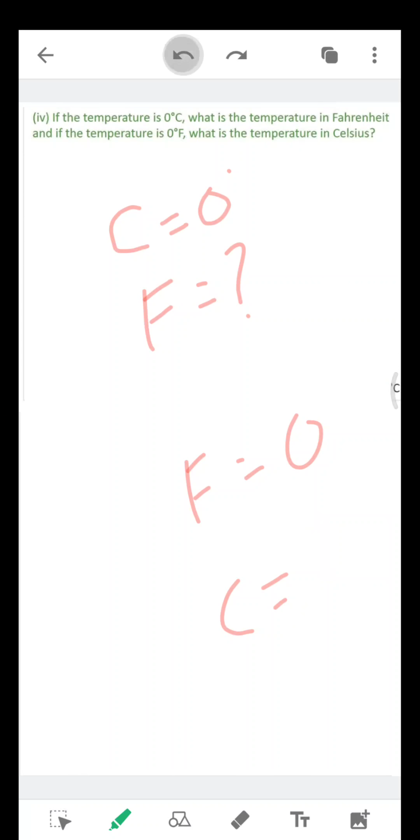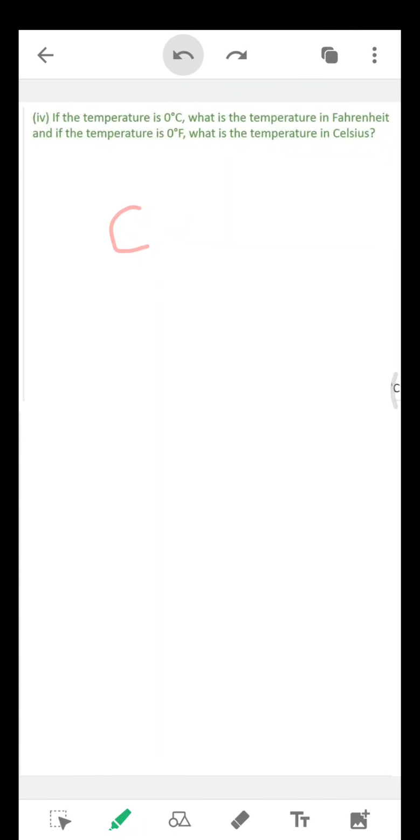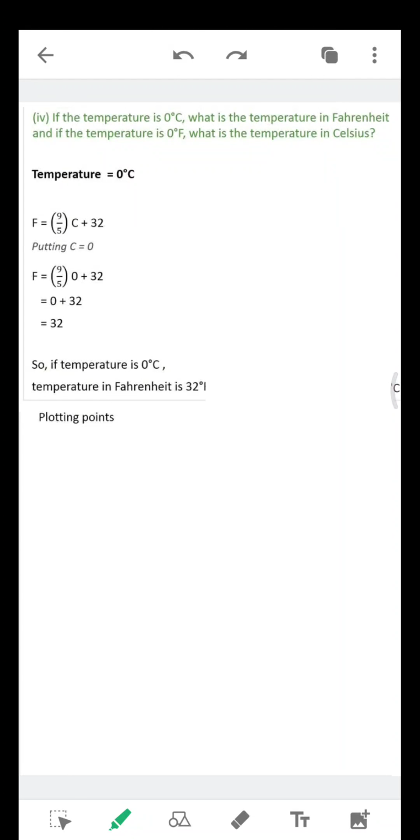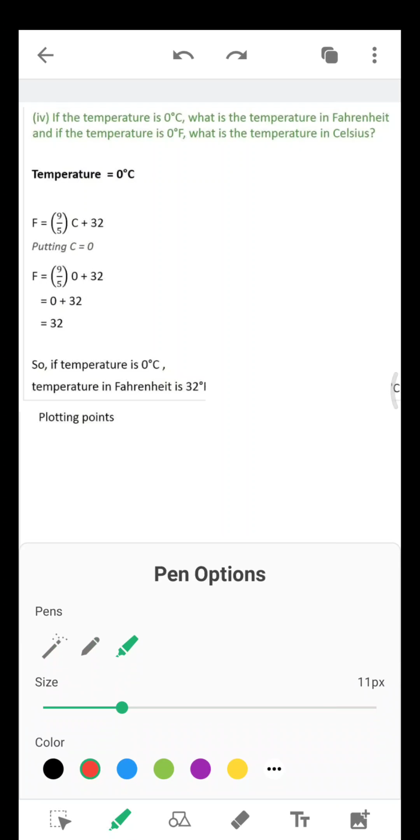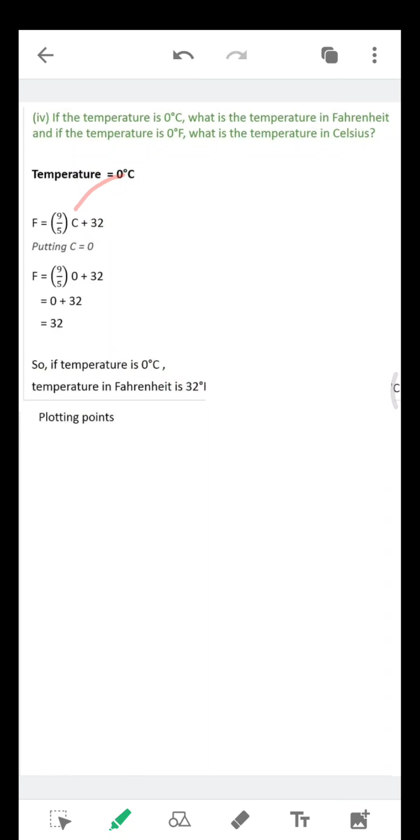So let's see this one now. Again, I'll take the same formula, the relation between C and F. So if C is 0, what happens here? If C is 0, we'll substitute this. In place of C I wrote 0, so 9 by 5 into 0 is 0, and F is 32.